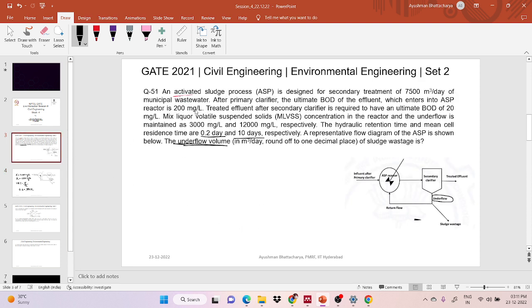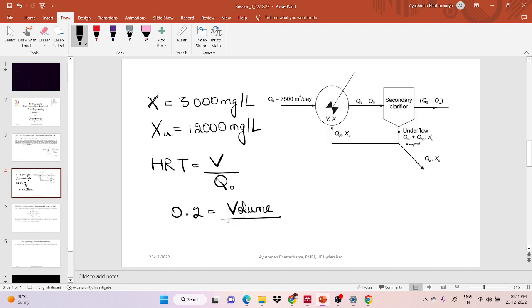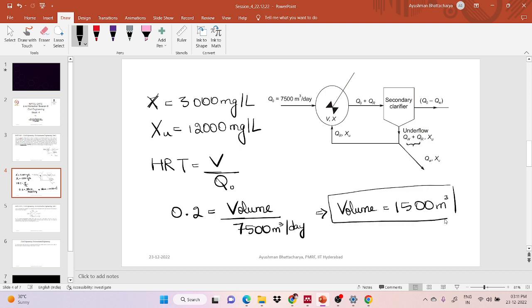The Q naught, total flow they have given, is 7,500 meter cube per day. And the HRT is also in day. So basically we get the volume as 1500 meter cube.